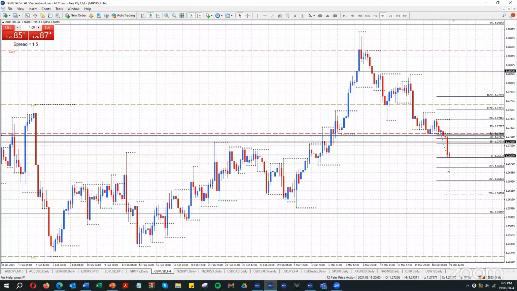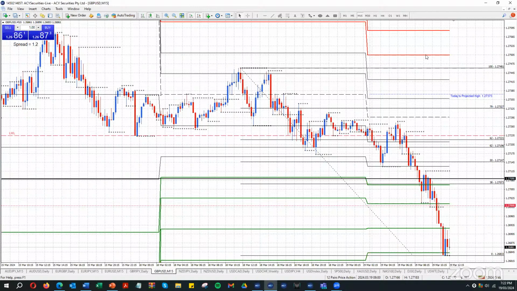Question would be, can we get above 127.09 back up to last week's low and 4-hour broken support at 127.23? So between 127.09 and 127.23 I think is the zone to look for the rally. In terms of 127.09 being resistance, you can already see it becoming resistance intraday today. You can see it here.